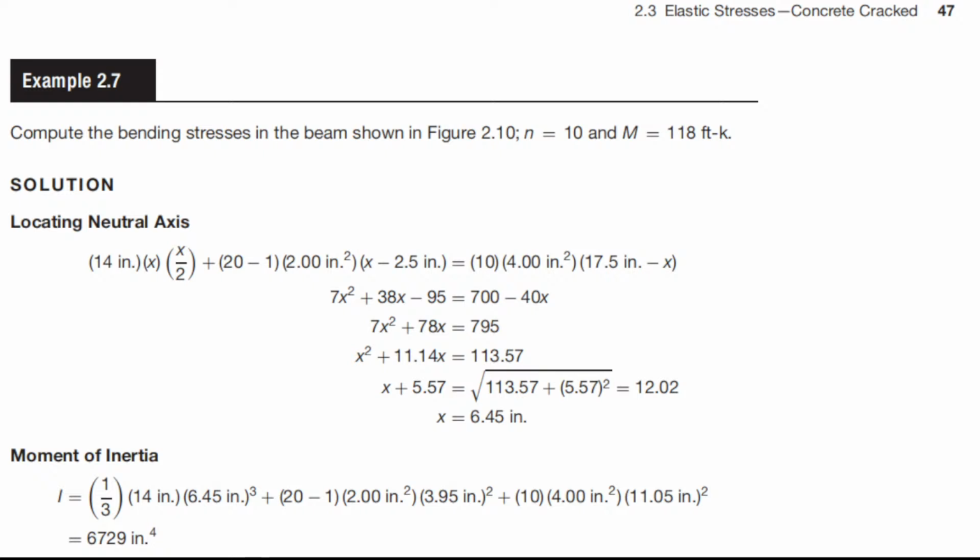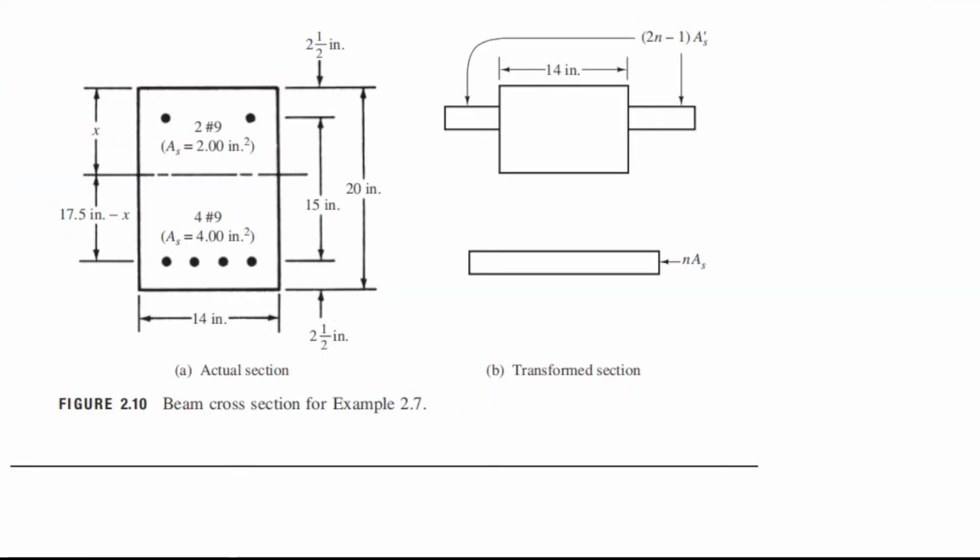Compression side, we have the area, which is equal to 14x. That is the area of the concrete. Area of the concrete here is 14 times x, because x is from this point to this point. What is the moment of this area? This must be multiplied by x over 2, because we need the moment with respect to the neutral axis.